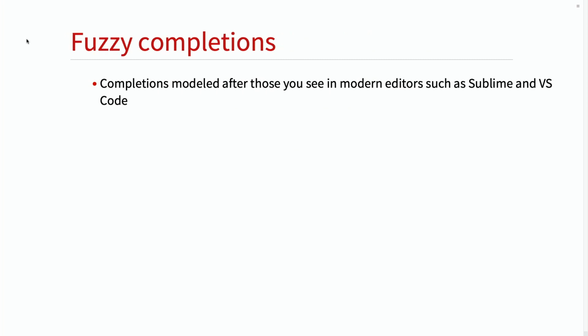I'm running low on time, so I may end up having to cut a little bit at the end, but I wanted to call out completions. This is something that is kind of cool that we've been working on, and it's not on in the betas yet, but it will be soon.